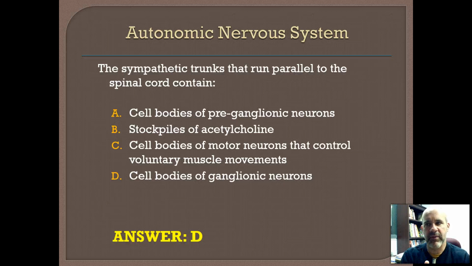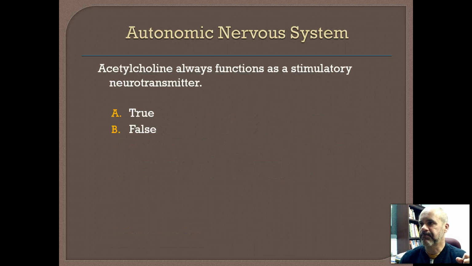So they're within the peripheral nervous system. And so that sympathetic trunk is a little thin chain of ganglia where you have these cell bodies of what are known as the ganglionic neurons. And when they get stimulated, they send sympathetic nerve impulses towards your major organs. They control the viscera of the body.